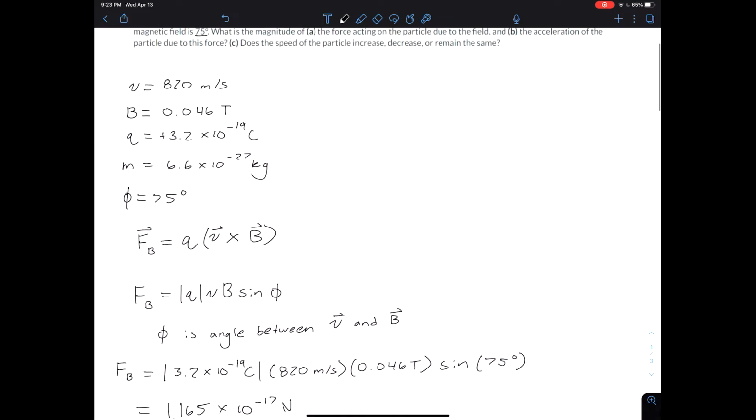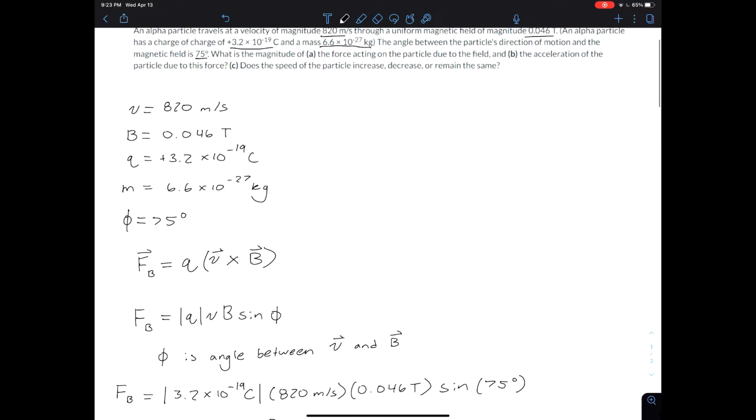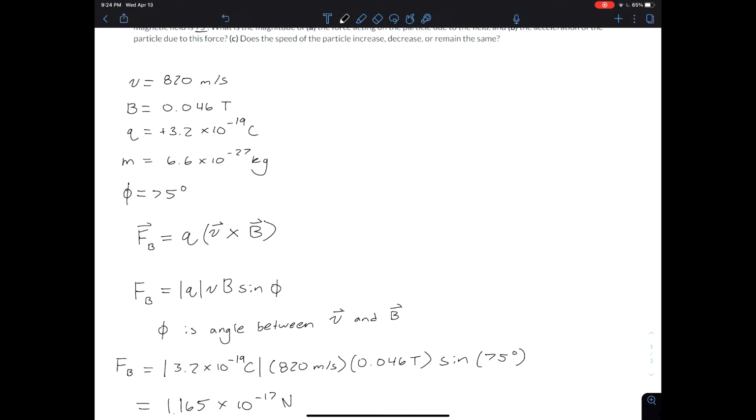So to find the force acting on the particle due to the field, we will use this equation here: the force due to the magnetic field is the charge times the velocity crossed with the magnetic field.